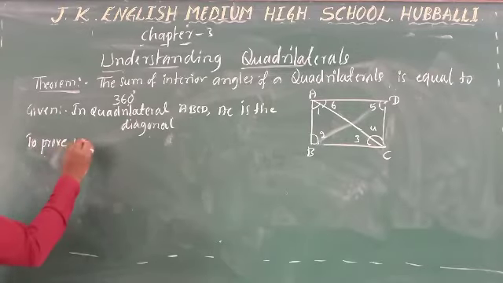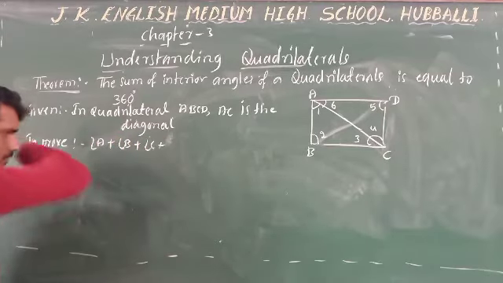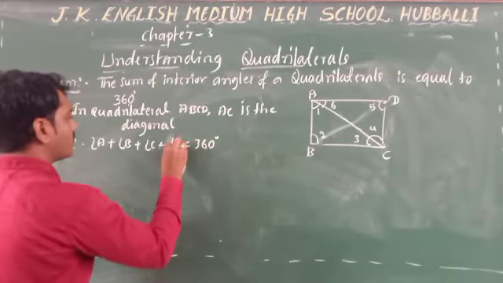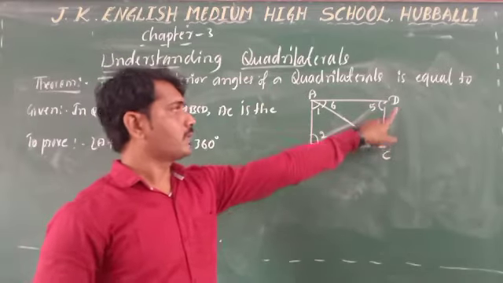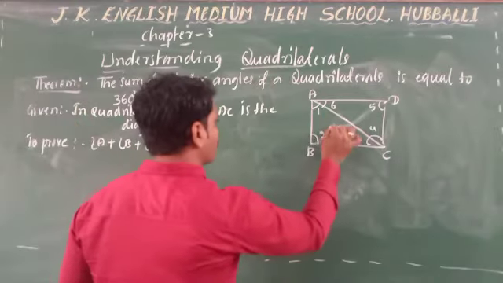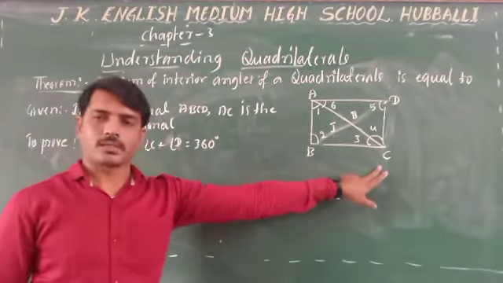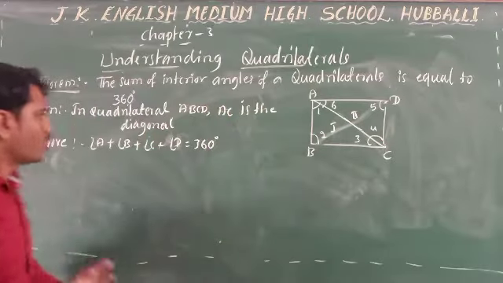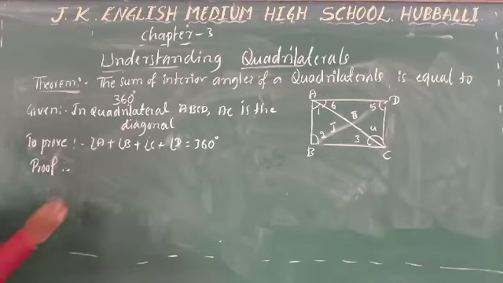To prove: angle A plus angle B plus angle C plus angle D is equal to how much? 360 degrees. So by joining AC, we'll get how many triangles? 1 and 2, two triangles. Correct? Directly we will go to the proof.